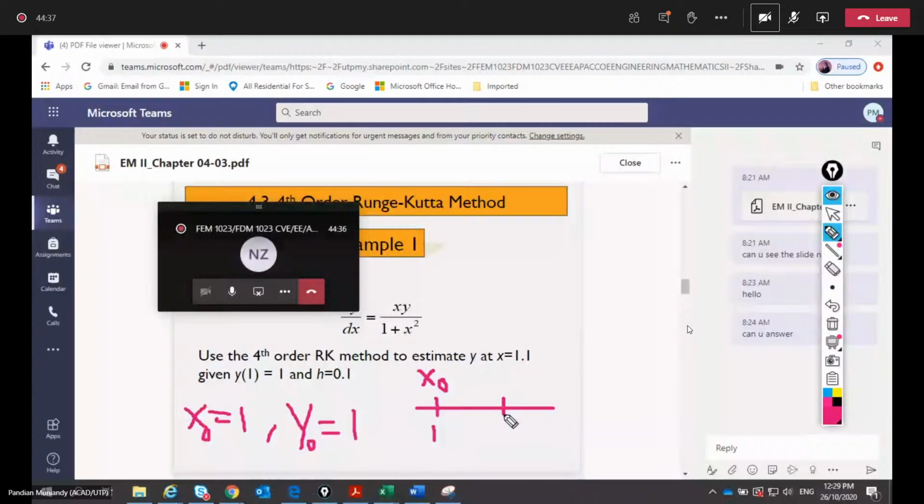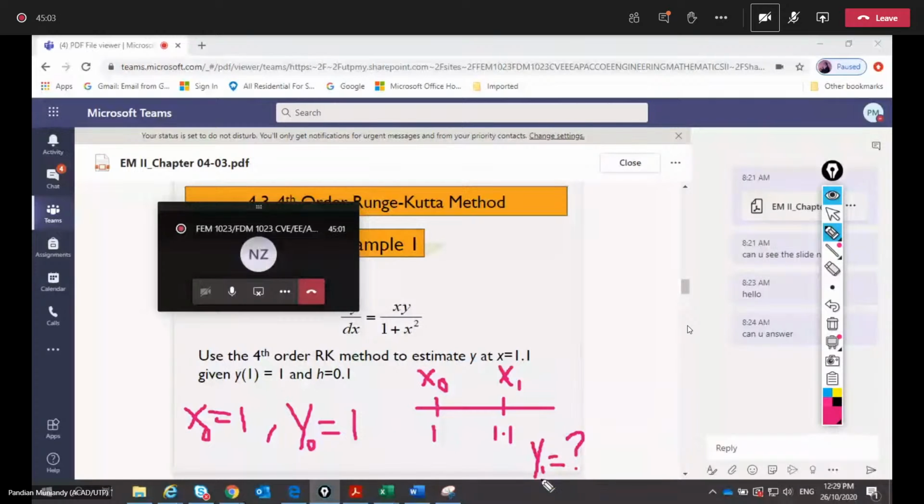This one is x1. The whole study is about this. Calculate at x1, where? At x1 equals 1.1. What is your y1? That's all. This is what this question is all about.